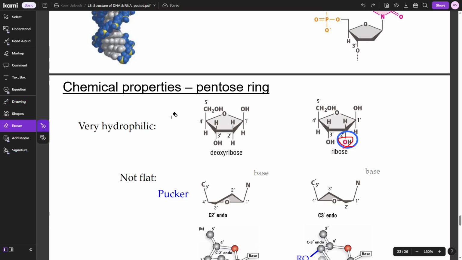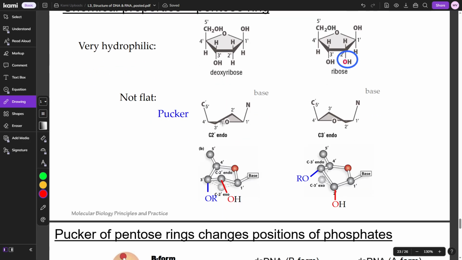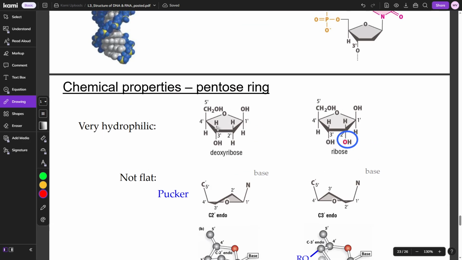So you can imagine, for DNA, which is deoxyribo, I would say that, oxygens in general, right? So you have to remember the 5 prime, this is where a phosphate is located. 3 prime is also where a phosphate is attached.